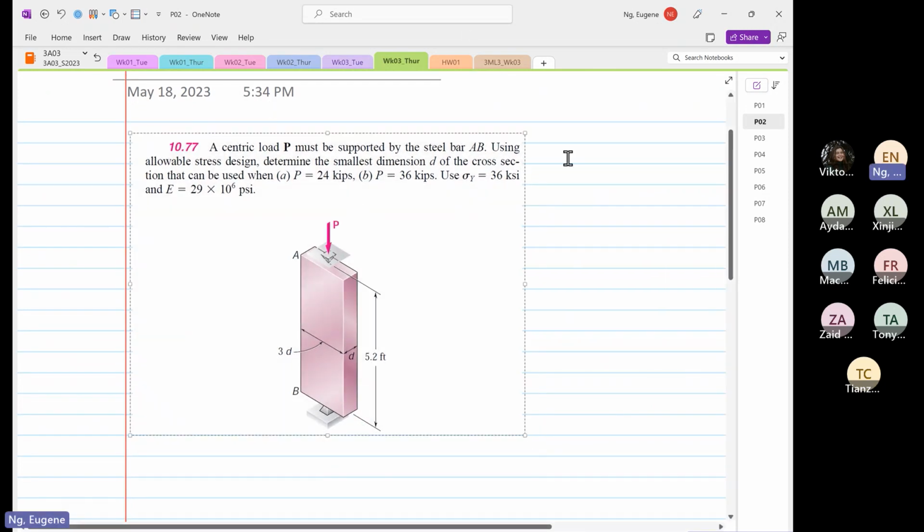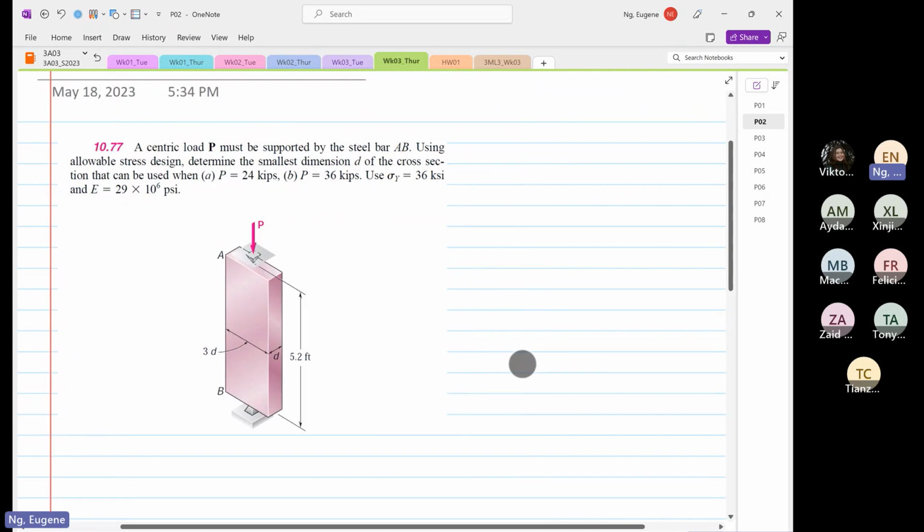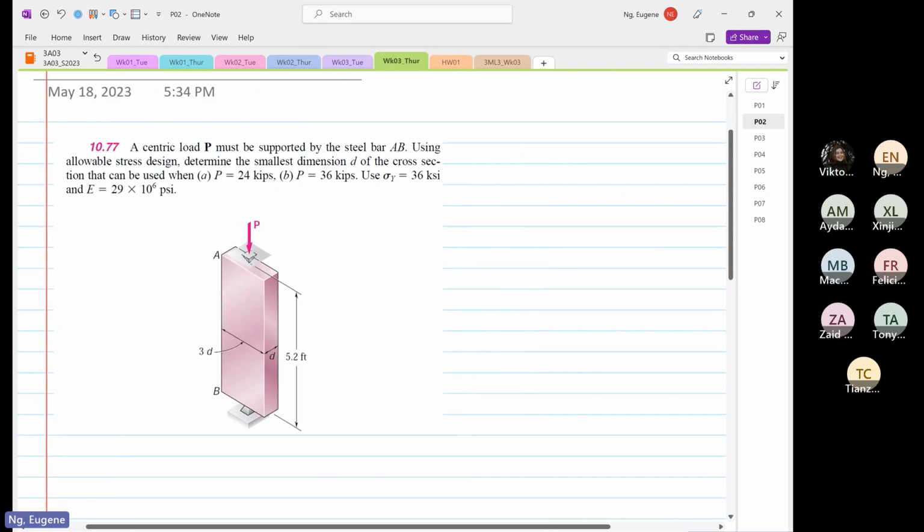Okay, not last week, on Tuesday we started this problem, and I'm going to do it again. So we can see a central load P must be supported by the steel bar AB, using allowable stress design.